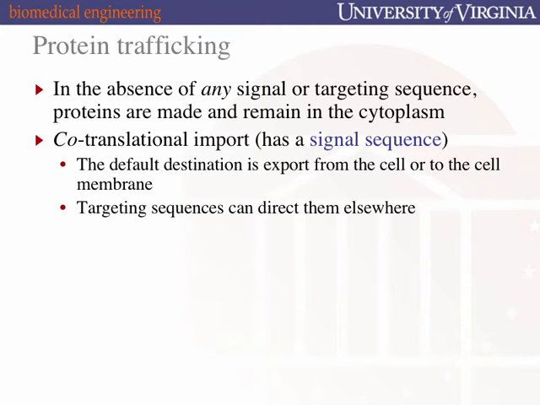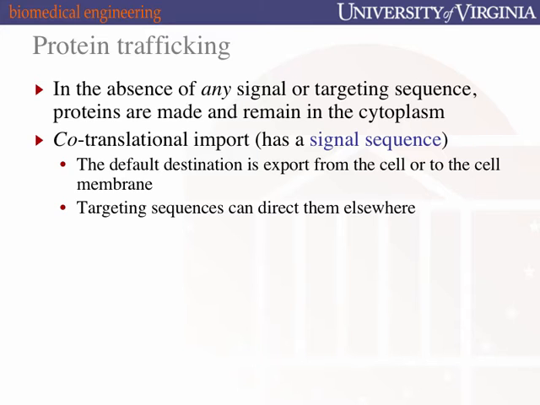For co-translational import, it requires an amino acid sequence called a signal sequence. There are particular characteristics of it. I'll talk more about that in a moment. If an mRNA encodes for a signal sequence, the default localization of that protein will be to the cell membrane, the plasma membrane, or secreted outside of the cell.